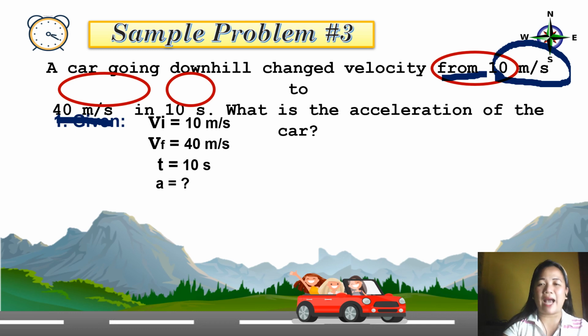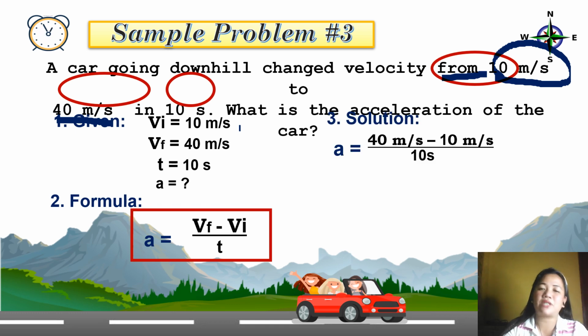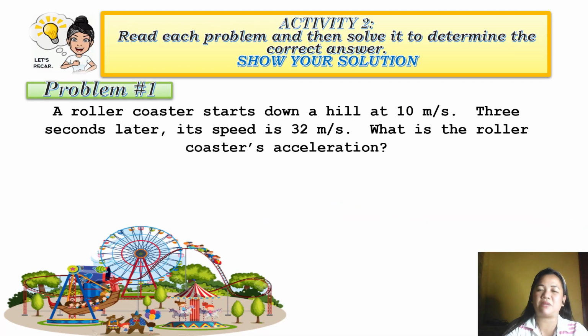Our Vi is 10, because it comes after the word from. So, our Vf is 40. Our time is 10 seconds. Same thing. Acceleration is equal to Vf minus Vi over time. Let's substitute. 40 minus 10 meter per second, divide by 10. 40 minus 10 is 30. So, copy 10 seconds. Our answer is 3 meter per second square. So, it is accelerating.